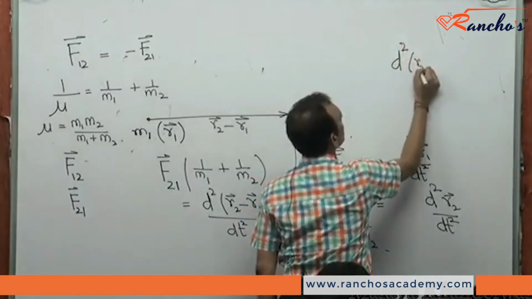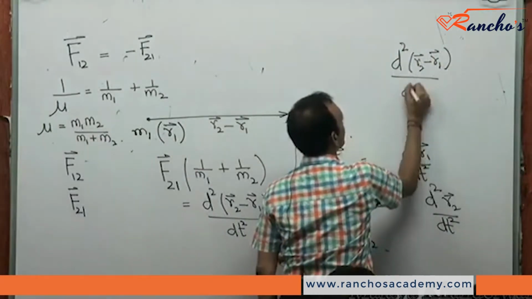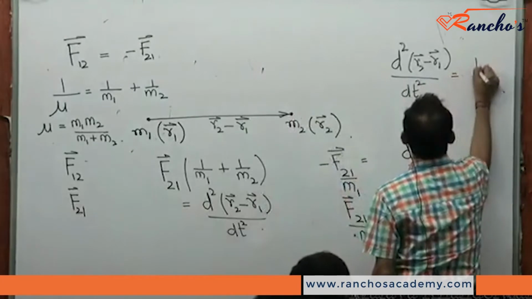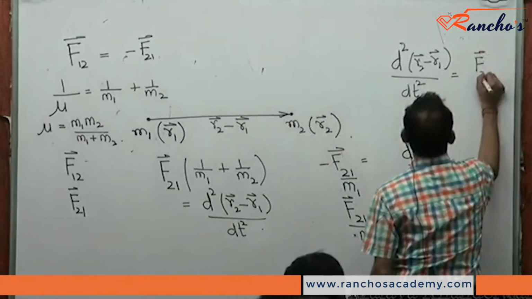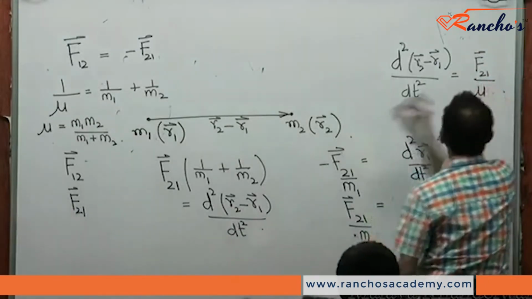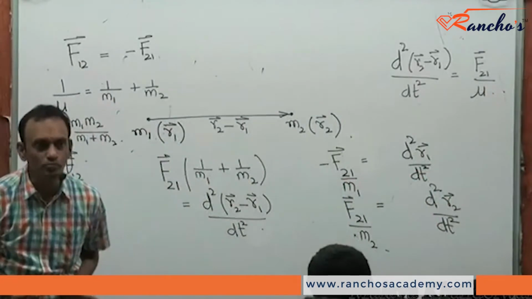Which means d2(r2 minus r1)/dt2 is force on 2 because of 1 divided by mu. Mu is the reduced mass of the system of particles, two particles, clear?